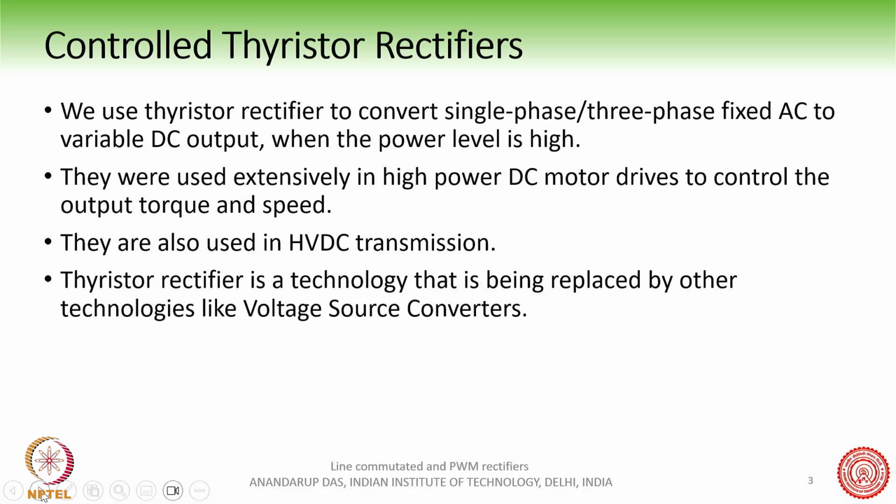That's why in this course thyristor rectifiers have been stressed in a minimal way. Because of historical reasons, we are just covering a little bit of thyristor rectifiers without going into too much detail.